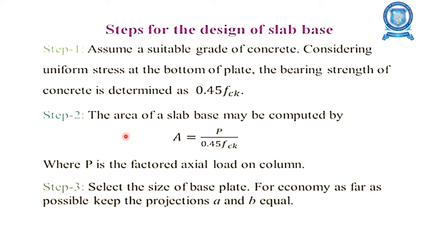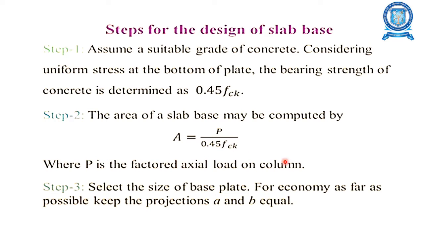Step number 2: to determine the area of the slab base, it is calculated by A is equal to P divided by the bearing strength of the concrete. P is the factored load on the column. fck is the characteristic compressive strength of concrete.